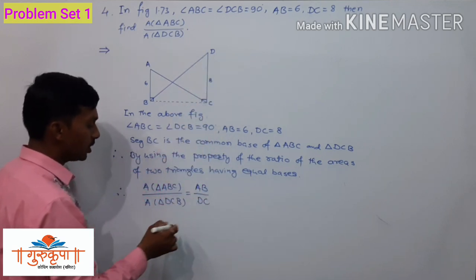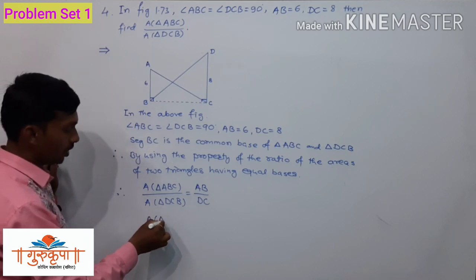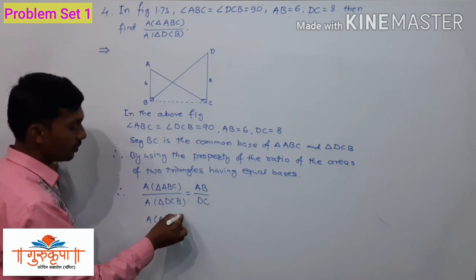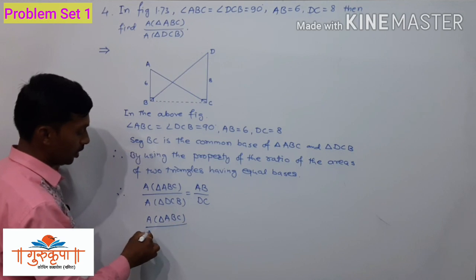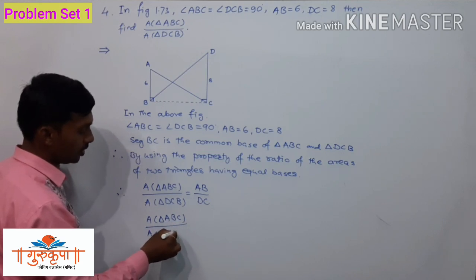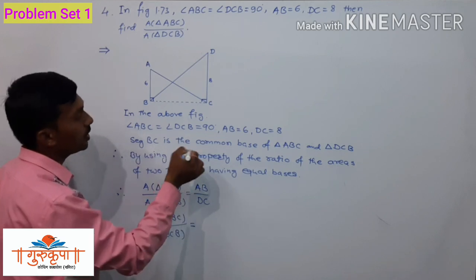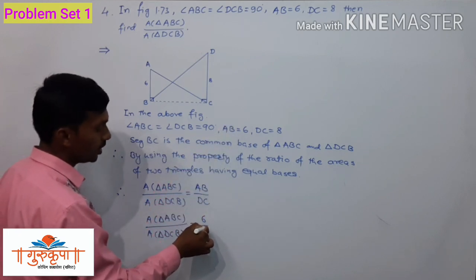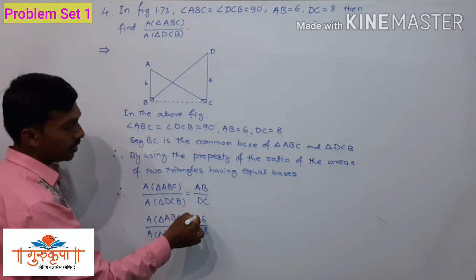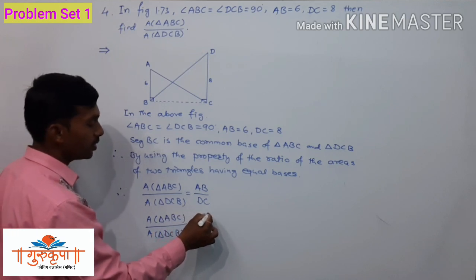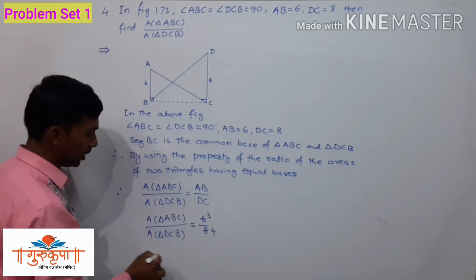Now put the values there. Area of triangle ABC upon area of triangle DCB is equal to, this value of AB is 6 upon value of DC is 8, and both numerator and denominator are divisible by 2. 2 threes are 6 and 2 fours are 8.